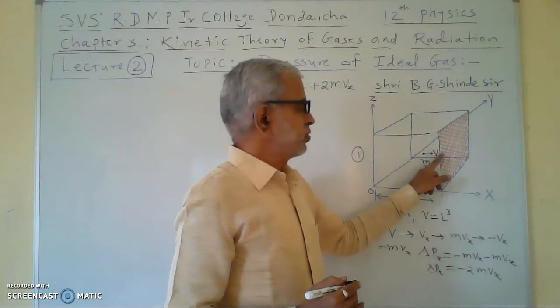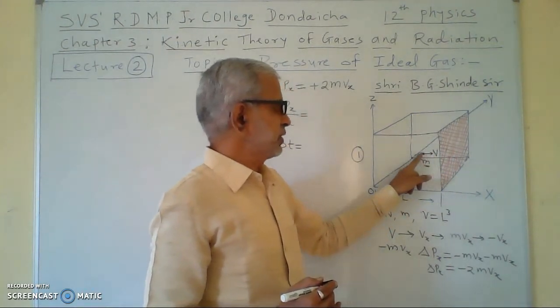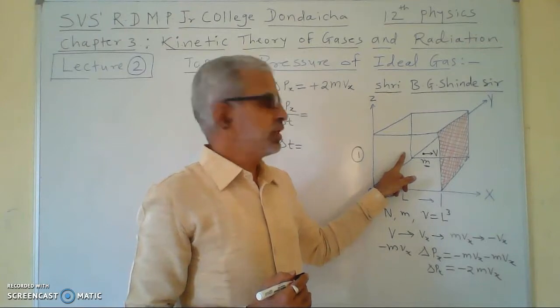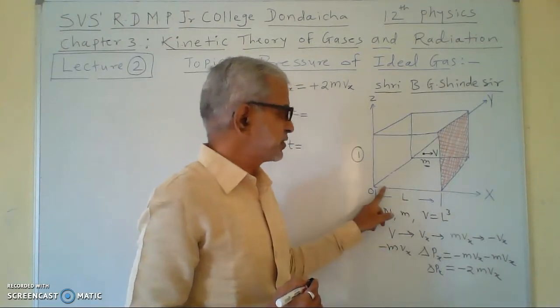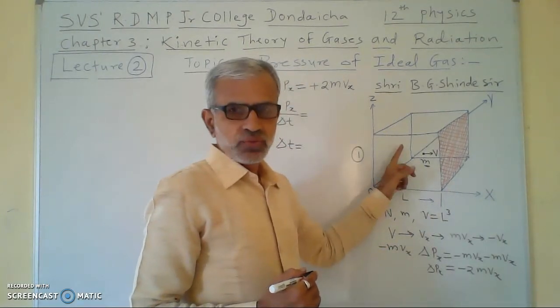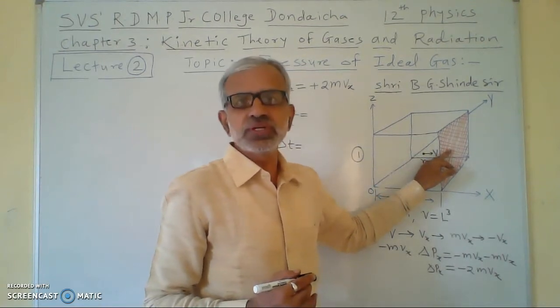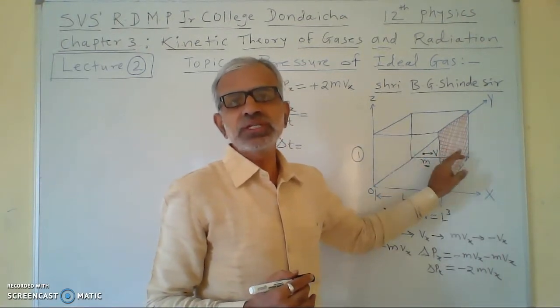This gas molecule collides with the surface, it will rebound. After rebound, it will travel distance L. This distance L. Again, it will rebound from this surface and it will collide with the same surface. So what will be distance traveled?